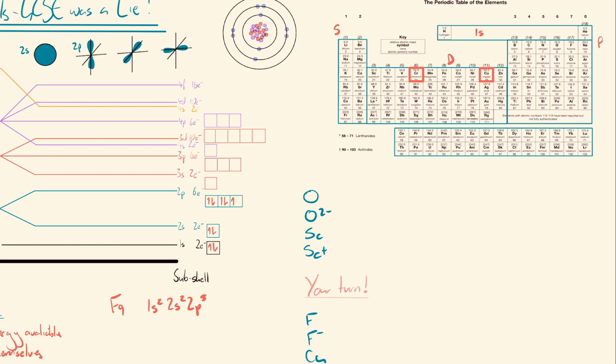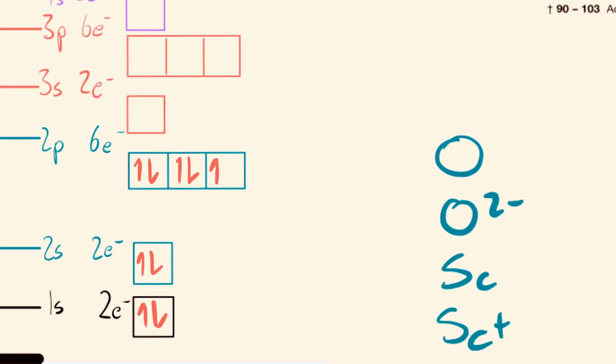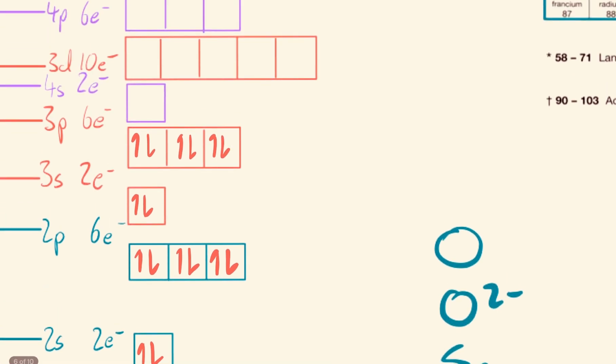So if we go for calcium this time, we know that that has 20 electrons. So I'm going to carry on filling up from here. We've got 9 already, 10, 11, 12, 13, 14, 15, 16, 17, 18, 19, 20.